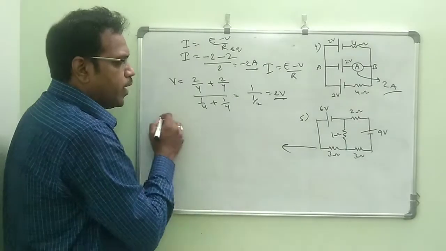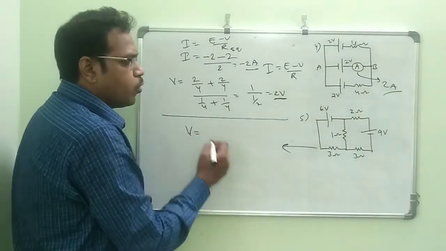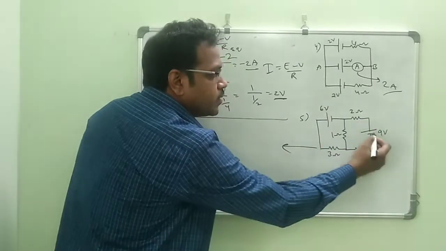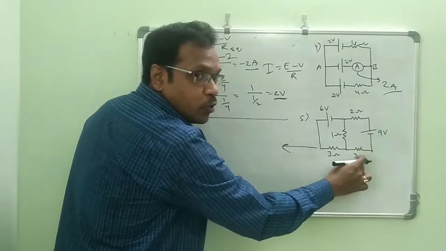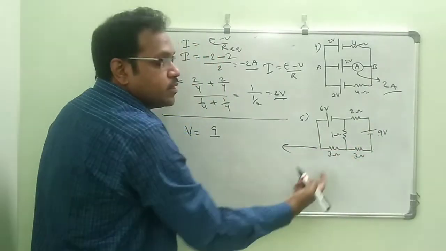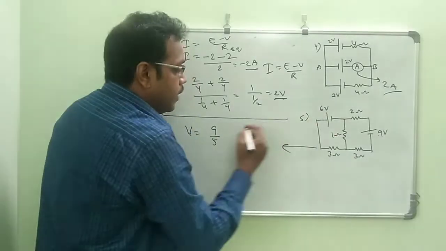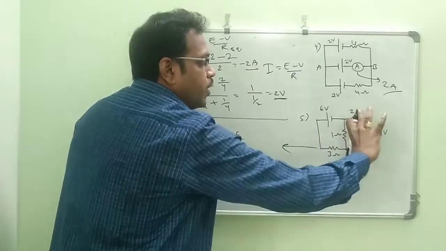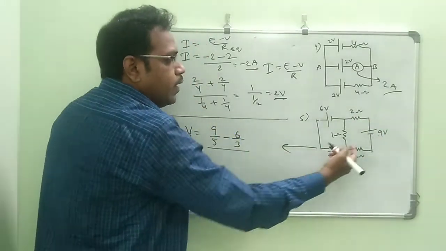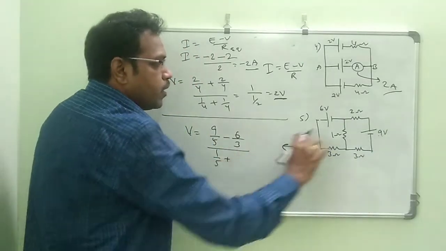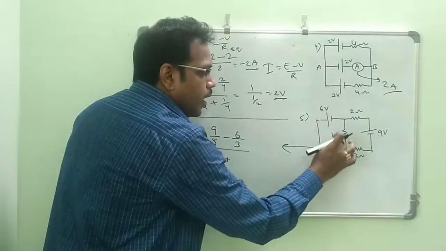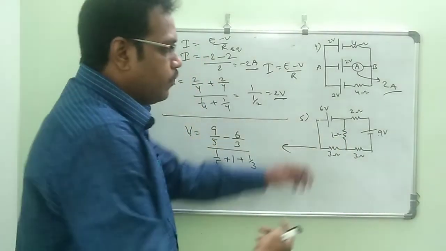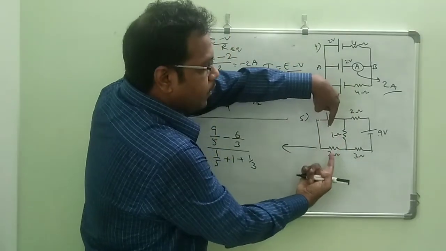How do we find it? First we need to find the common potential. V is equal to, but here again opposite polarity, so 9 minus 9 by 2. Resistance 2 is there, and both of them are in series, so 9 by 5, minus 6 by 3, over 1 by 5 plus 1 by 1 plus 1 by 3.